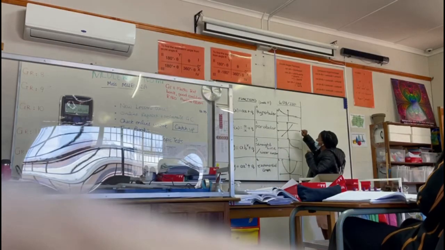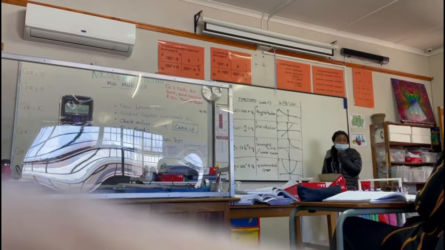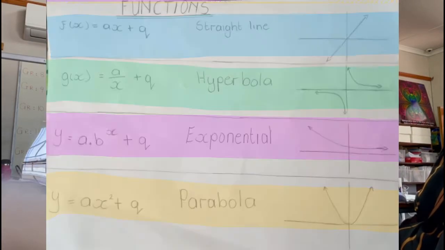I'm not saying which is right. So if A goes with 2, then it goes with a. Let's see who's going to be the first one to get it right.